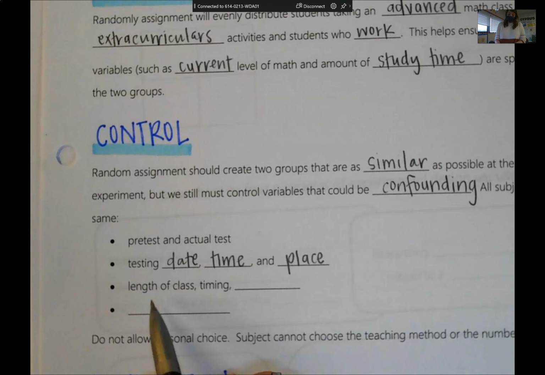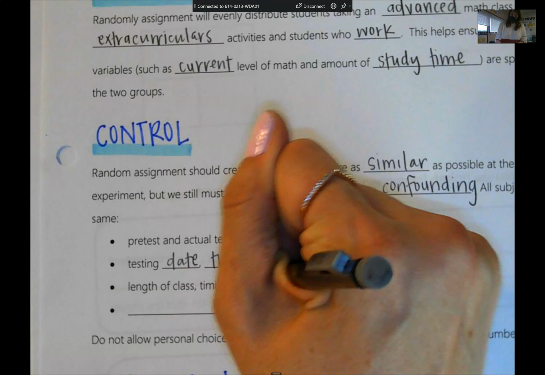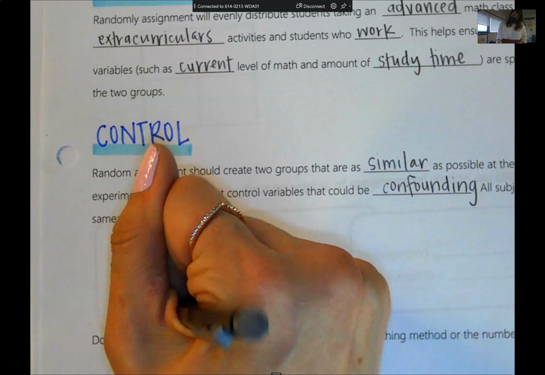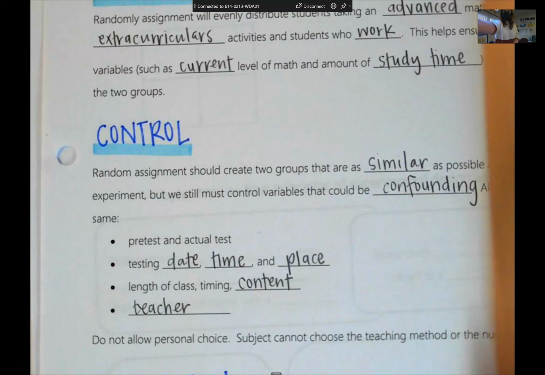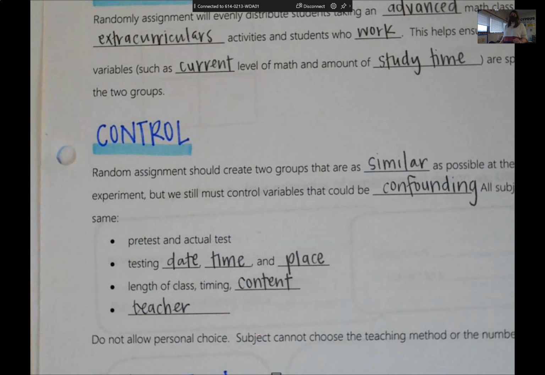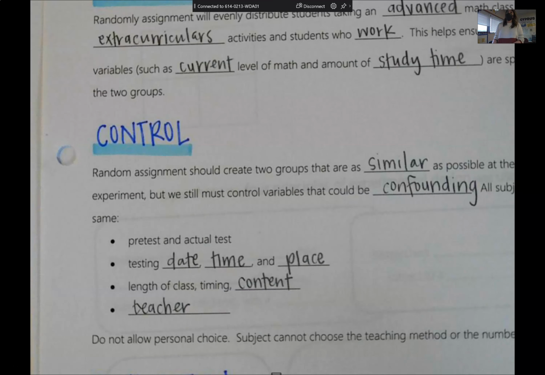We want the length of the class, the timing, and the content to be exactly the same. We want the teacher to be the same. We want to control as many things as we possibly can when it comes to the experiment.